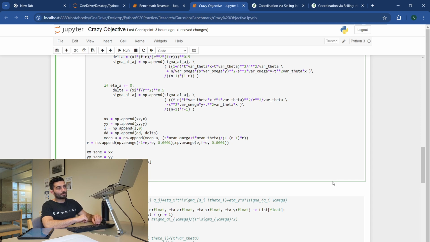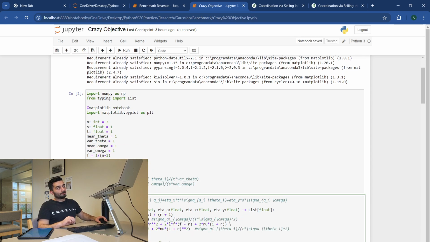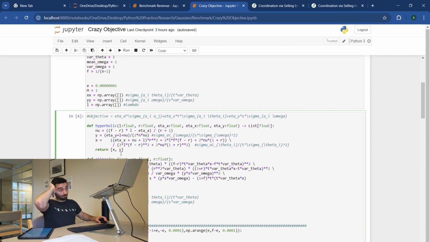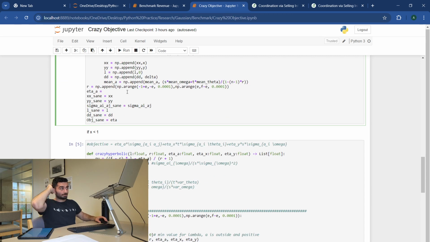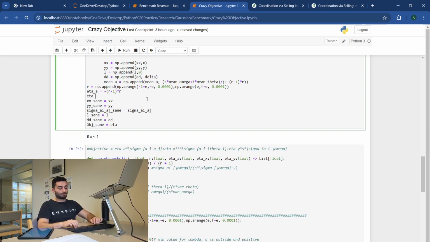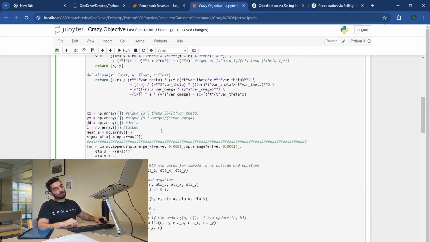Unless I say sigma A, J, Z, Z. It's A equals minus n minus 1r. What is eta x? Minus 1?